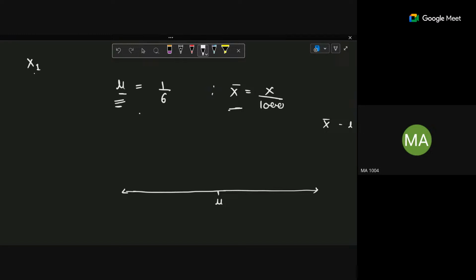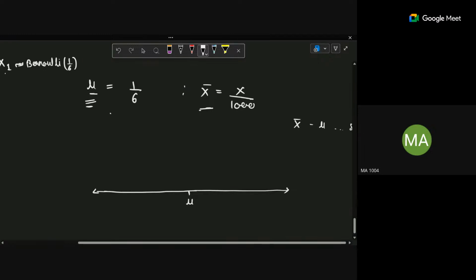Do you know the mean of the random variable? My x1 is a Bernoulli random variable with probability 1 by 6. So this mu represents the mean of these random variables x1, x2, and so on till x1000.